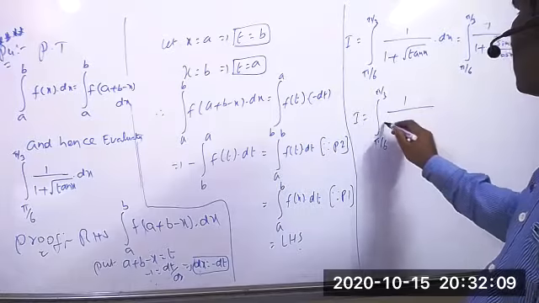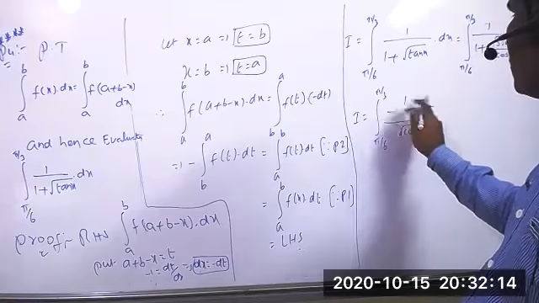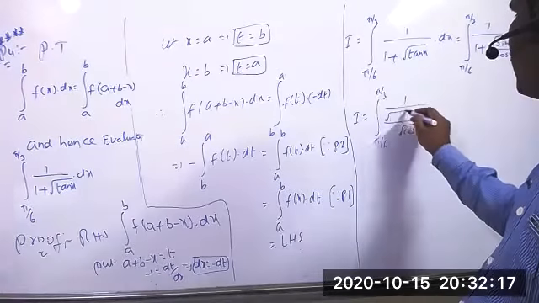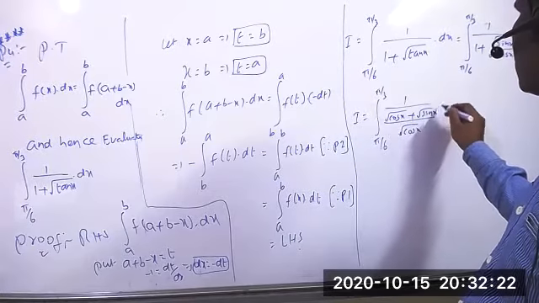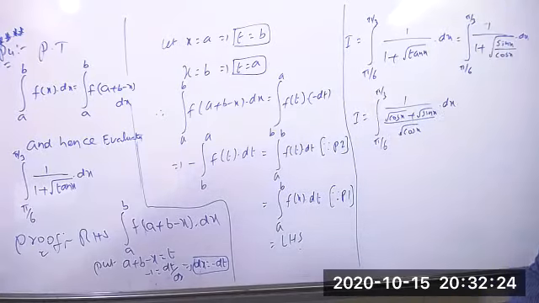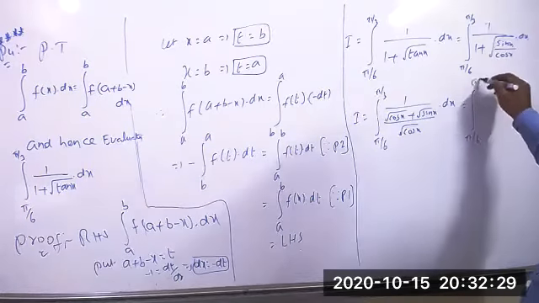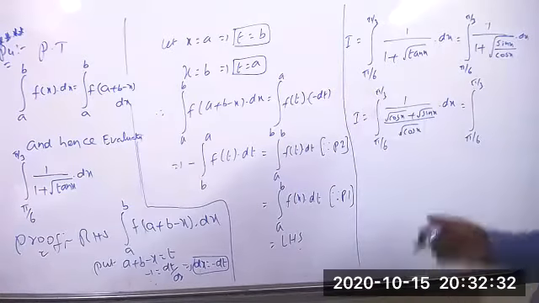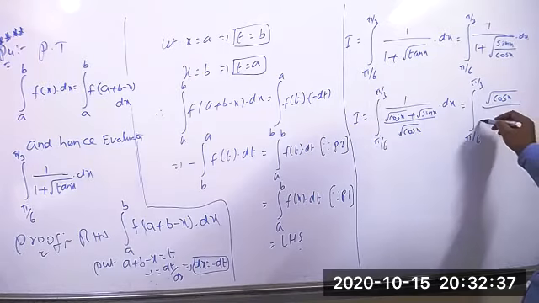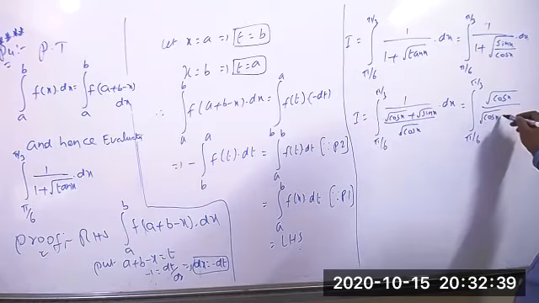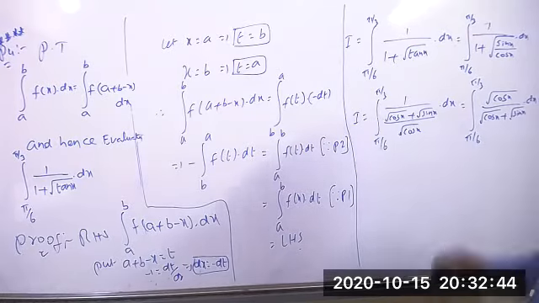So root of cos x by root of cos x plus root of sin x dx. Now take the reciprocal: integration of pi by 6 to pi by 3, root of cos x by root of cos x plus root of sin x dx.